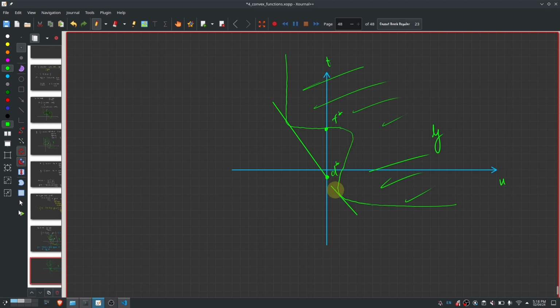Above it, yeah, so this would include this as well. That's correct. So this would be a case where you actually have a duality gap. In this case, d star is strictly less than f star.